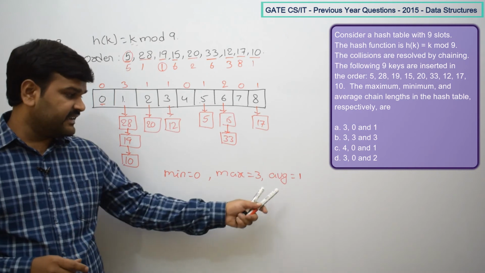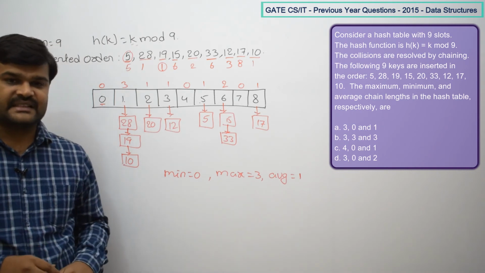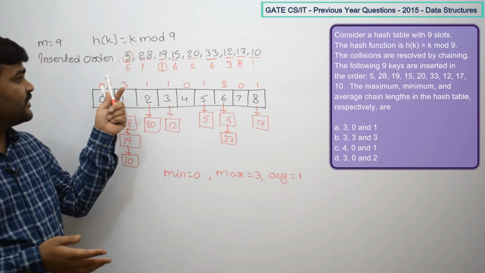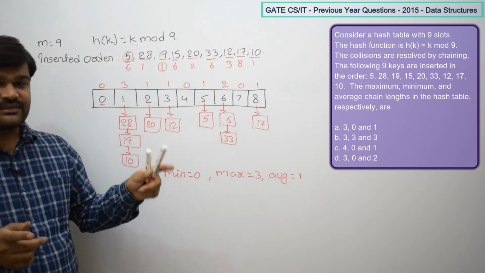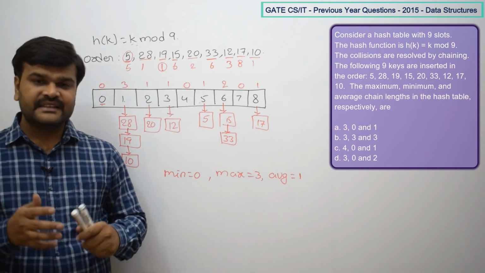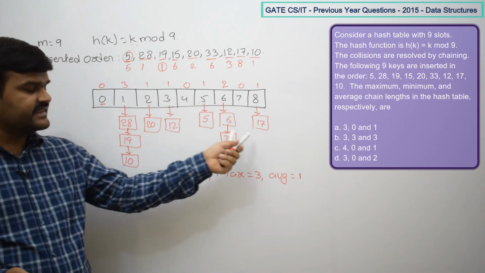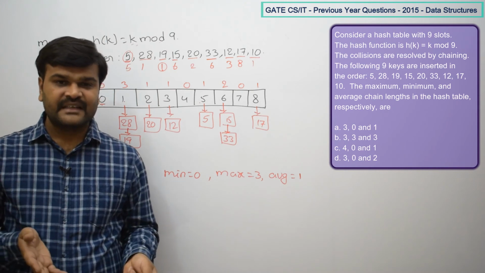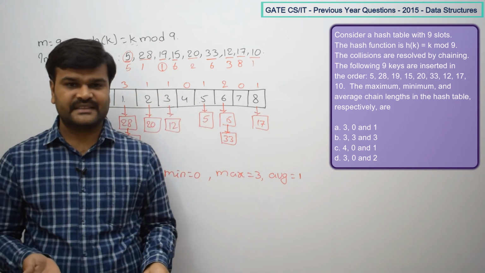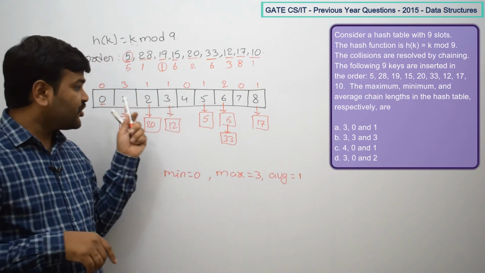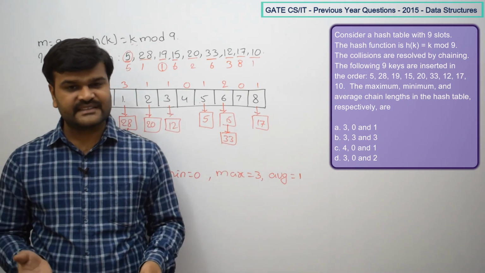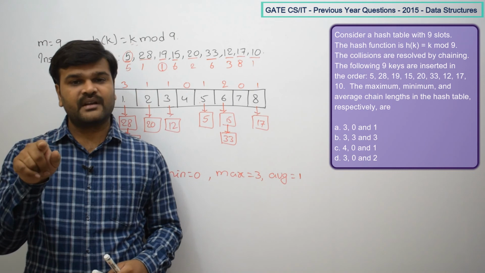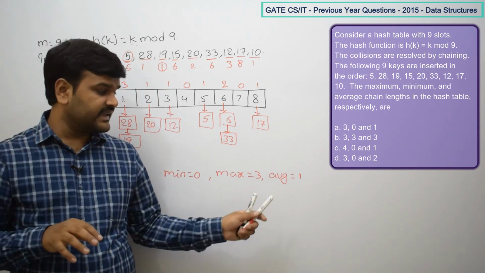Here, for the average case, you need not calculate it actually. You can fill it in directly, because 9 elements are there overall, and these 9 elements are placed in the 9 locations. So the total chain length is 9, and the number of locations is 9. Total number of elements divided by total number of locations is the direct answer for the average.